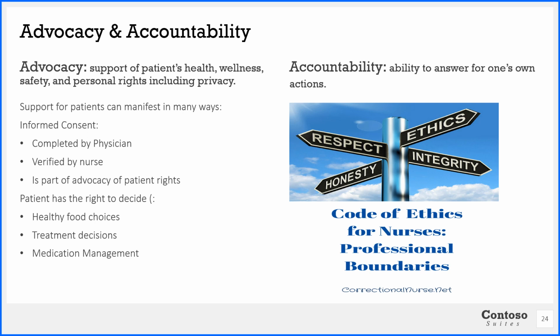So we're going to need to support the patient's health and wellness and his safety, personal rights, including his privacy. This is a decision our patient made, and we have to say these are the benefits and these are the downfalls of this particular decision. However, supporting that patient might be one of the best things that you do for them, because sometimes their families are not on board.